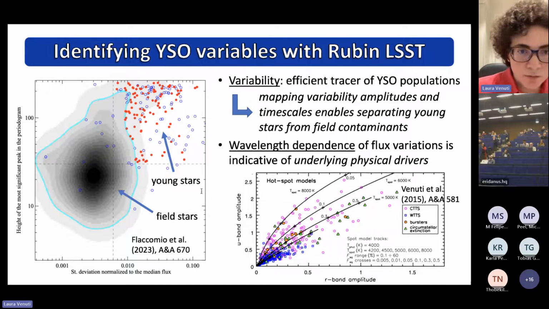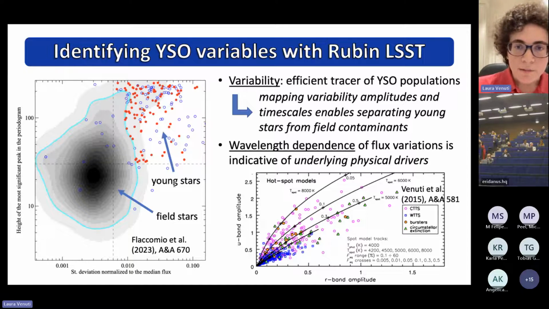This concept is shown here on this diagram on the left, which was built using light curves obtained with CoRoT on different timescales, where it was shown that if we combine typical variability information, such as the typical amplitude of variability and the timescales of variability, we can distinguish the bulk of field stars from the bulk of young stellar objects.